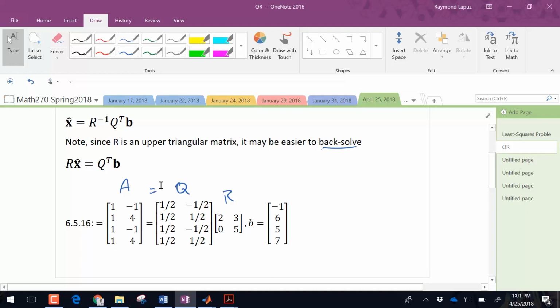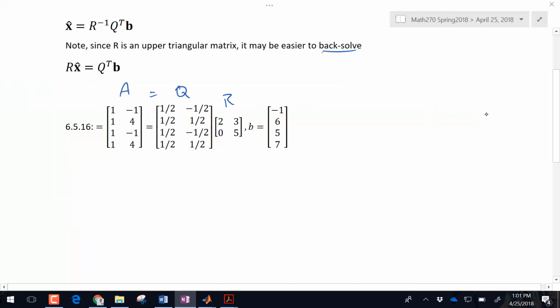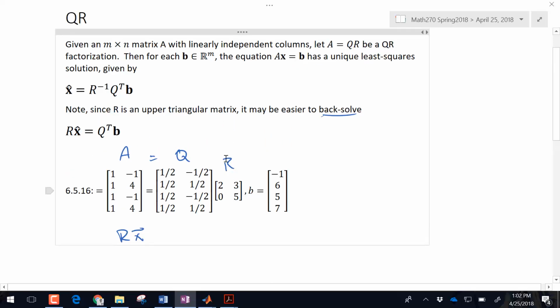So according to this theorem, what we could do is we can write R x. x is the vector that we're trying to solve for. By the way, what's the dimensions of x? So 2 by 1.